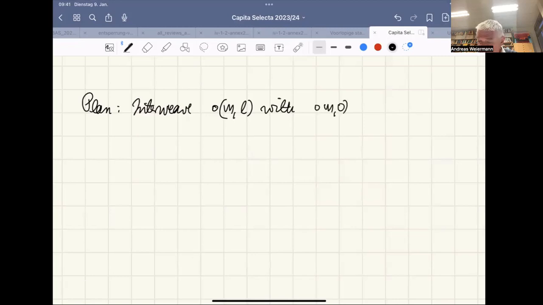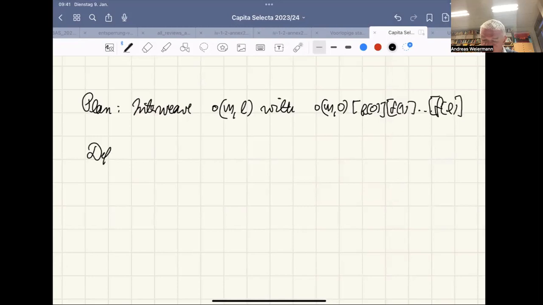So we have O of M0, and then we start at F of 0, then F of 1, F of L, etc. And if we can do this, then we are fine. But the problem is how to do so.